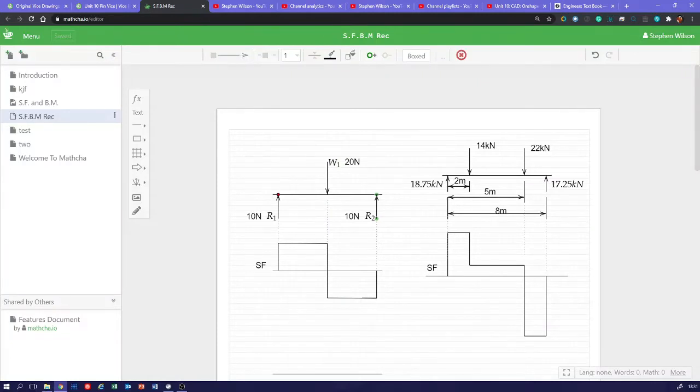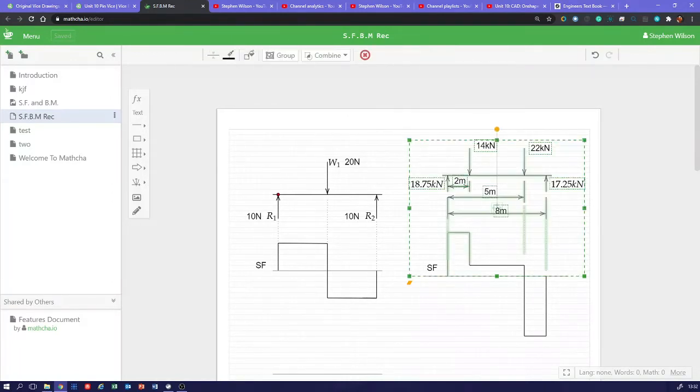Now, because our beam is in equilibrium, we can take moments at any point in any direction, and we should get the same answer. So we'll check that's correct, perhaps on this example over here, because there's a bit more to this one. But for the moment, take my word for it.